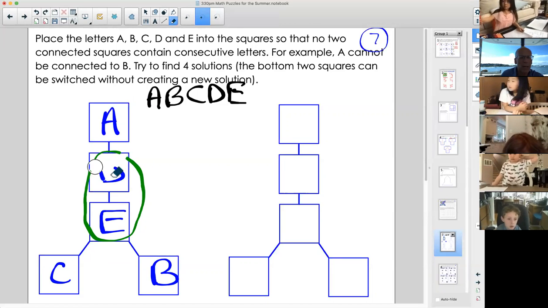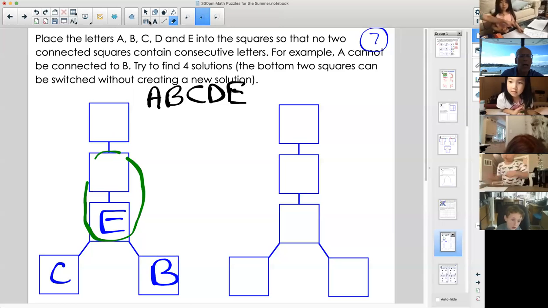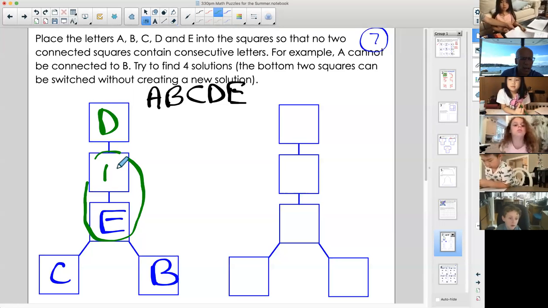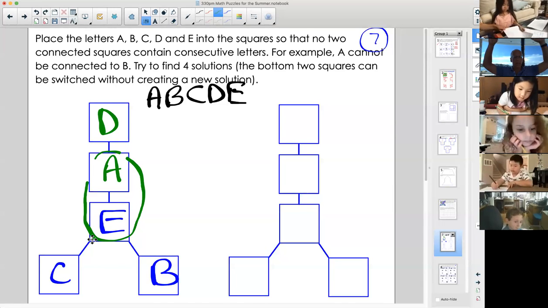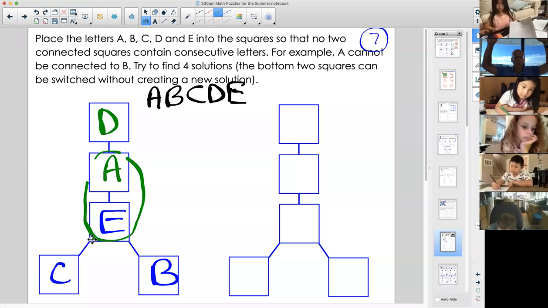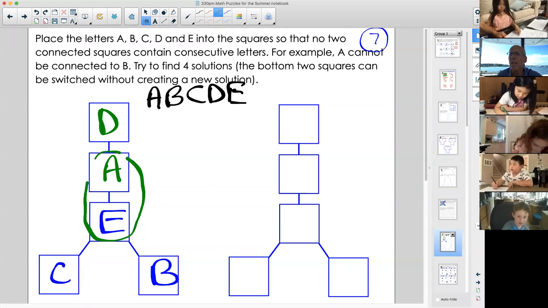Wait a minute. You did it. You did it. Oh my God, Allie, that's awesome. Okay, Cam, you're next. Go. Go, Cam. You got to go fast, fast, fast, fast.